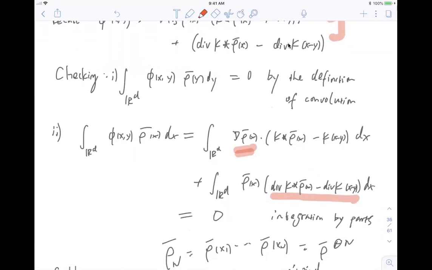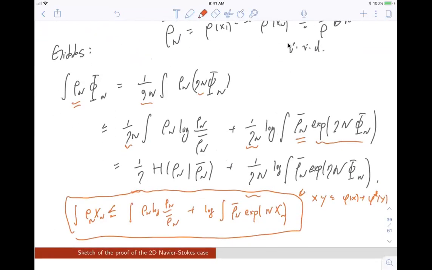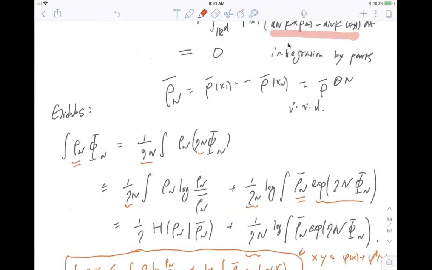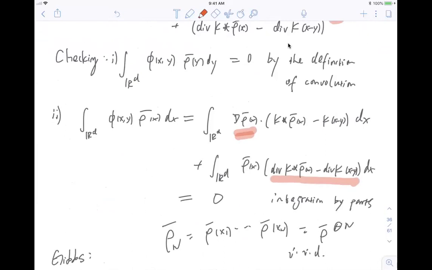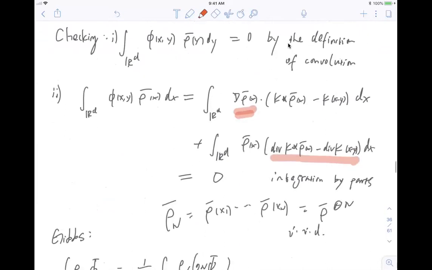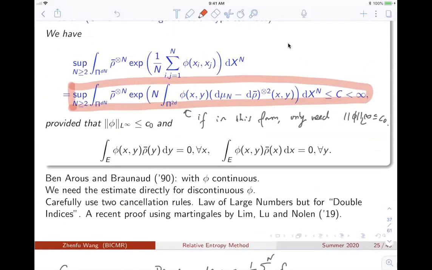So you get 0. Basically, by integration by parts you get one cancellation in the x variable, and by the definition of convolution you get another cancellation. So these are the two cancellations.